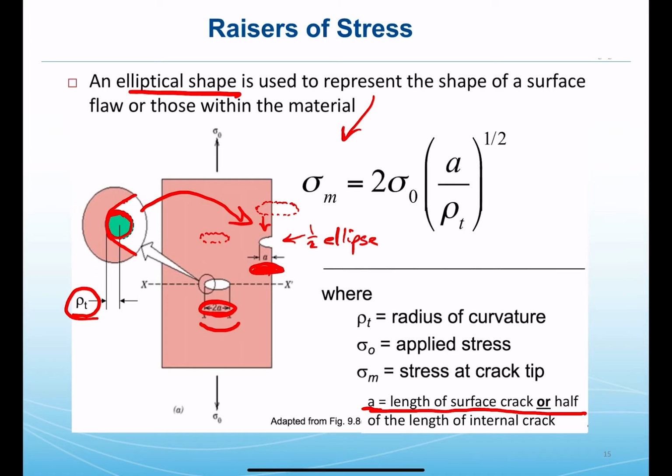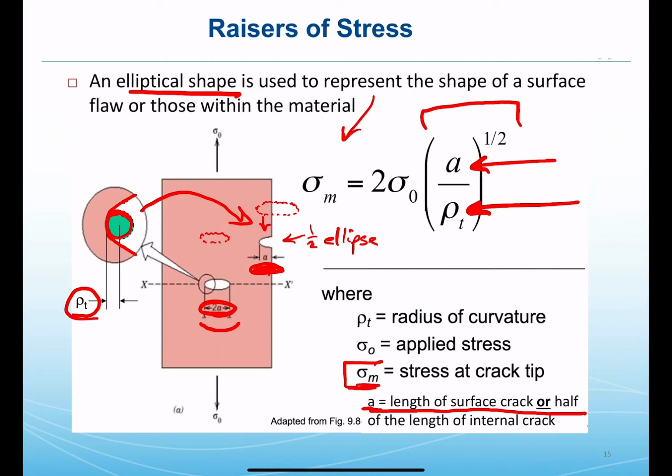So the stress at a crack tip is sigma m. The stress at a crack tip is a function of these ellipsoidal parameters represented here by the fraction raised to the power half. So we have the depth of the surface crack, or the half length of the internal elliptical crack, divided through by the radius of curvature of that ellipse.